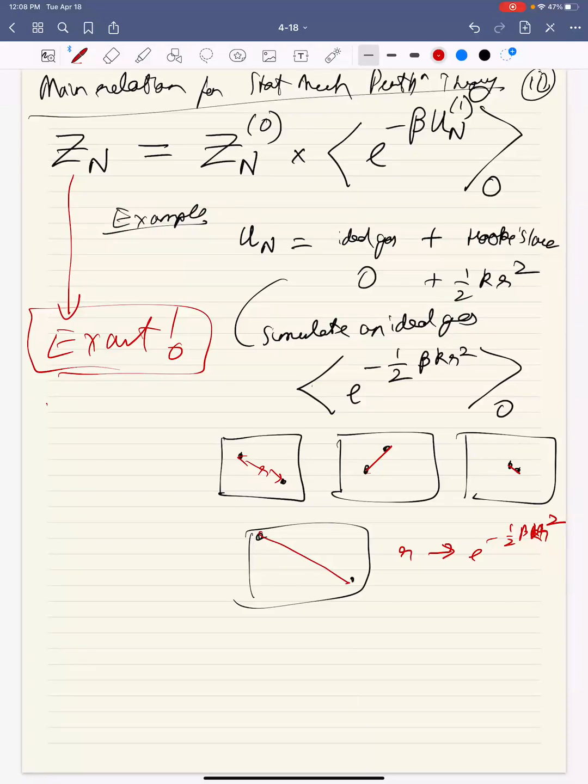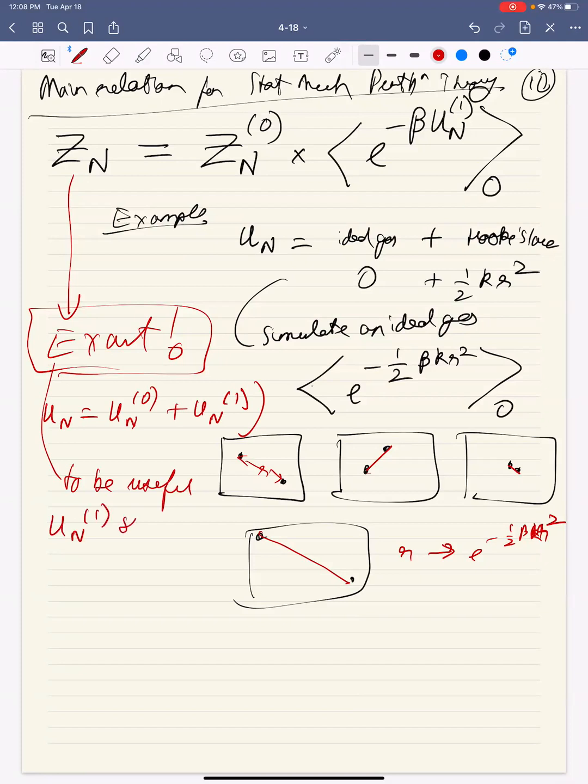You're going to have a hard time sampling the reference. Even simpler: U_N is U_N0 plus U_N1. And for this equation to be useful, the perturbation U_N1 should be small. What will go wrong if U_N1 is large? Your exponential. The exponential of a very large negative number is going to be a drastically small number.